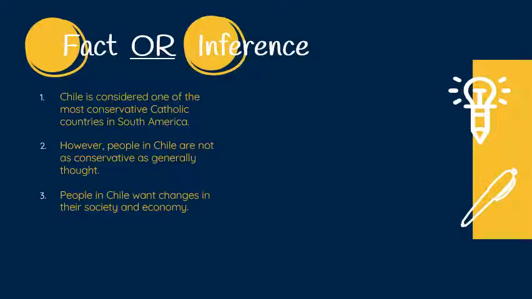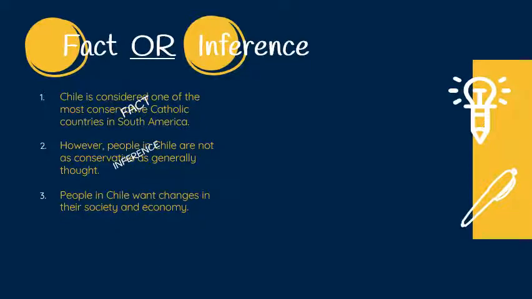Yes, it's a fact. Why? Because we can verify the information about Chile as one of the most conservative countries in South America, because it is general information. So that is why it is a fact. What about the second one?